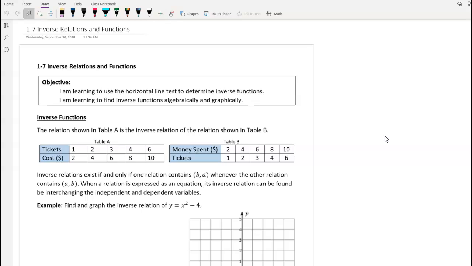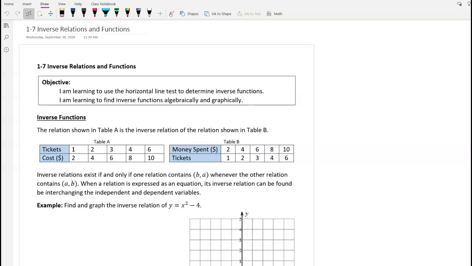For instance, the x variable of tickets has 1, 2, 3, 4, and 6, and the y variable of tickets has the same values, 1, 2, 3, 4, and 6. And the same goes for money spent and cost. So they are considered inverse relations because we switched our domain and ranges.